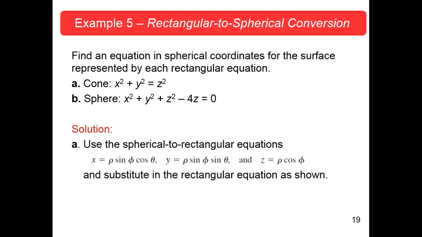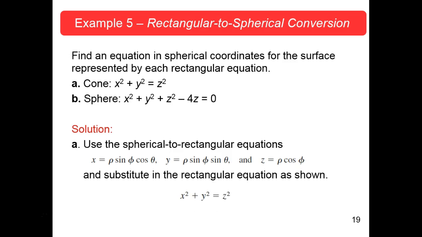Substitute into the rectangular equation as shown. Basically, you square this, you square that, and you square that, and then just plug these things in, and it looks awful, until you realize you have a rho squared in every term, and you can divide those out. That makes things a little simpler.